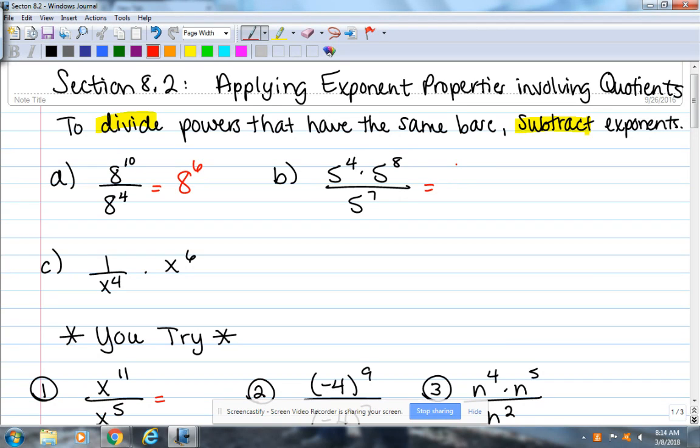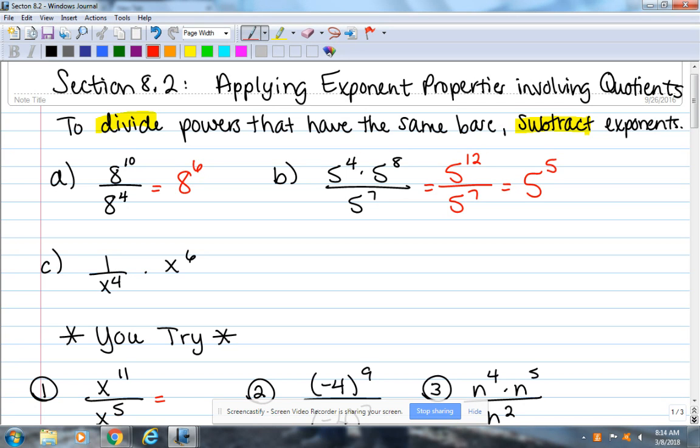They're multiplied, so we add them. And then we're dividing by 5 to the 7th power, which means we're going to do what with the exponents? Subtract and get 5 to the what power? 5th power. Any questions about that? Not too bad, is it?